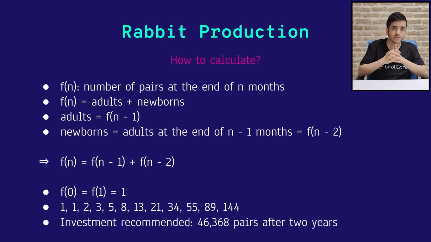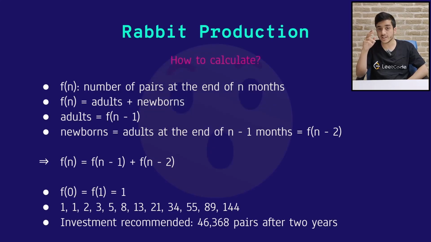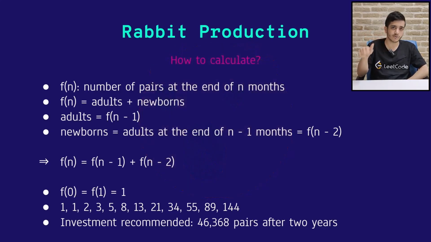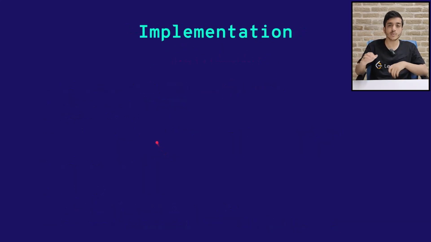So I strongly recommend you to invest in rabbits because after just 2 years, you will have more than, wow, 46,000 pairs of rabbits. So let me start implementing these functions.